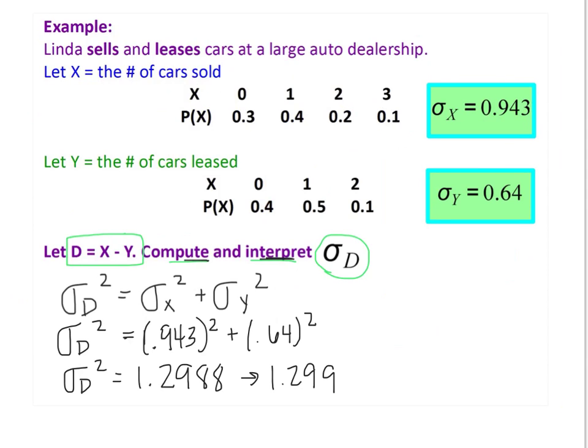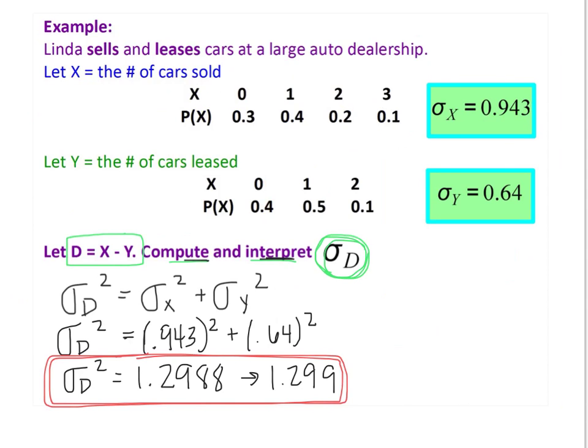So this is the variance of D, or sigma squared of D, but does it ask for that, or does it ask for the standard deviation? It actually asks for the standard deviation, so the standard deviation of D is just the square root of my variance. And when I do that arithmetic, I get that my standard deviation is 1.14.